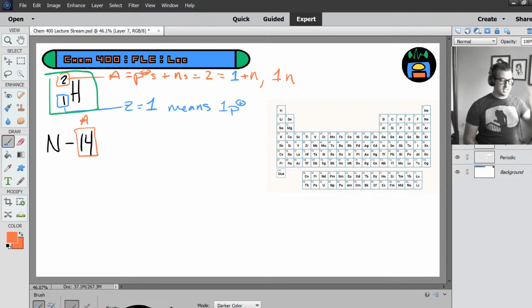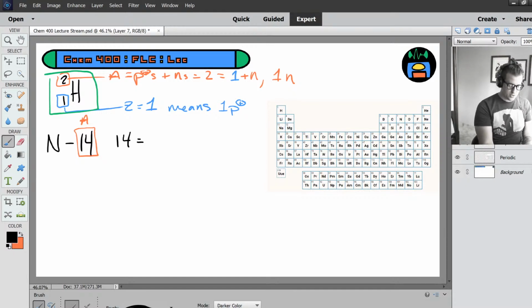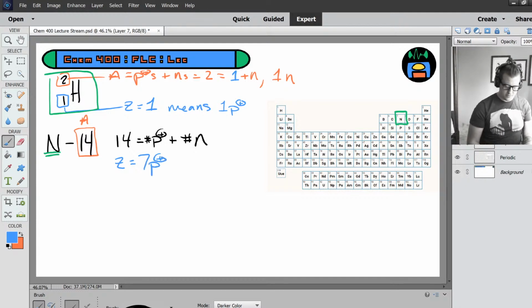Now you may be looking at this, and if I asked you how many protons and how many neutrons are in this isotope, you may be going, well, I only know A. I only know that 14 is equal to the number of protons plus the number of neutrons. And that is correct. But you know something else. You know that you're dealing with nitrogen, which means you can find it on the periodic table. And by locating nitrogen on the periodic table, that tells you that Z, the atomic number, is 7. So we're dealing with 7 protons.